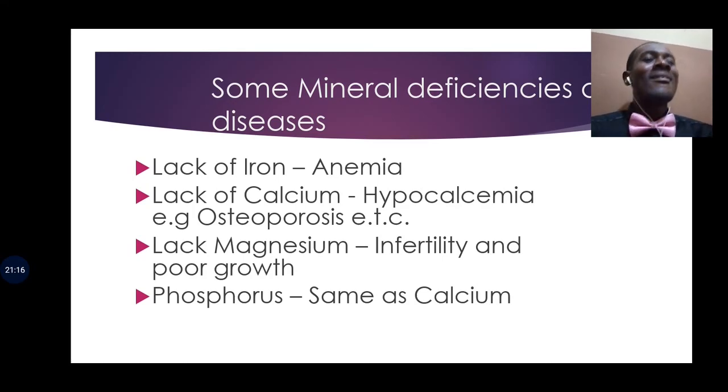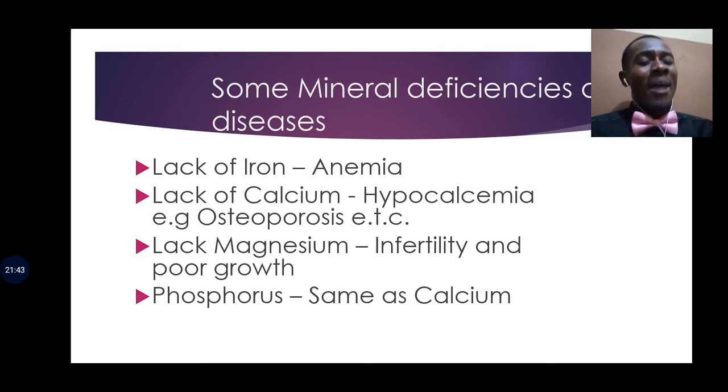The next mineral that can cause problems if it is deficient is calcium. Low calcium in the blood, like we saw in the case of rickets due to lack of vitamin D, can cause a lot of deformities in the bone and also in the dentition, that is the teeth formation.